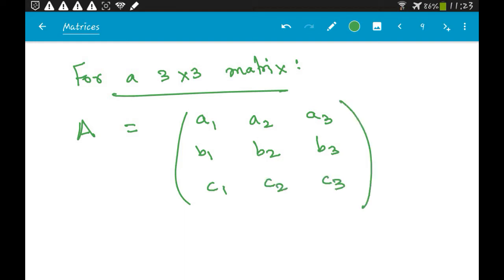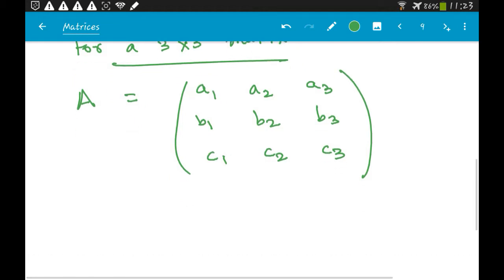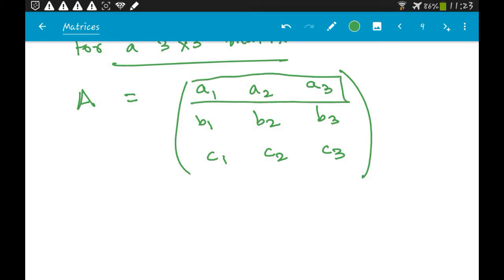You don't have to remember any formulas. You just need to know the pattern. What you should do is assume that this is one row from which you will do your operation. You can choose any row or any column.